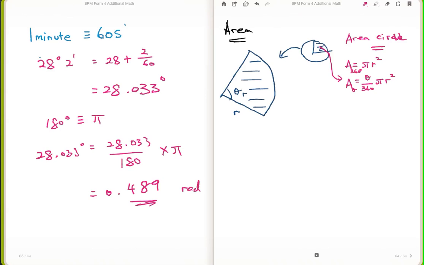Now, if you were to further convert this angle in degree into radian, using the definition that I've used earlier, pi and 180, you get to know that the area of this sector is therefore equals to 1 over 2 theta r squared.